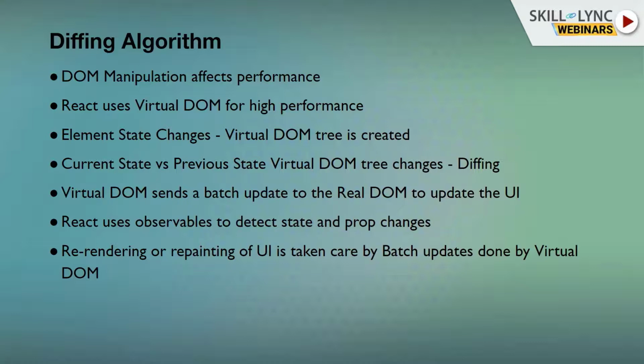For the small change which we did, it will create the DOM again from scratch. What we needed was only a small change, but the entire document object tree gets updated, and because of this, the time consumption is very high and performance is lost.